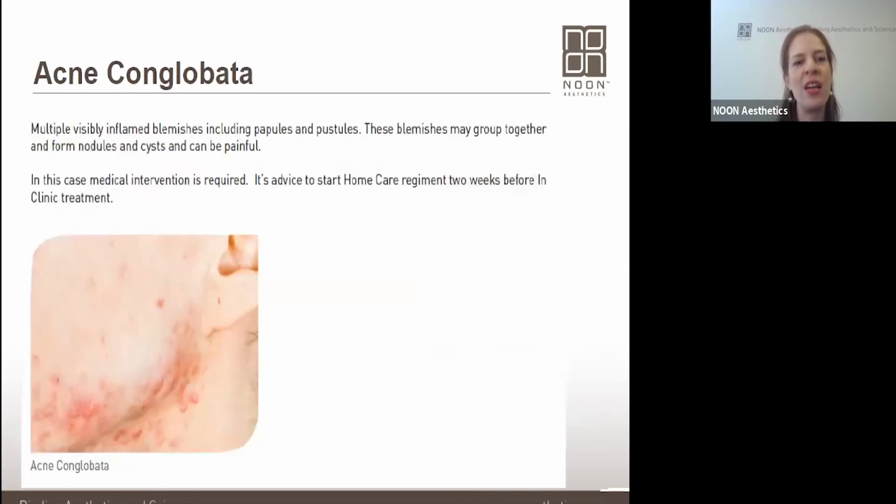Okay, so last but not least, we have the acne conglobata. As you can see in the picture, it's harsh and very inflammatory. It's multiple inflamed blemishes of papules and pustules that group together into cysts, and it can be very painful to the patient.